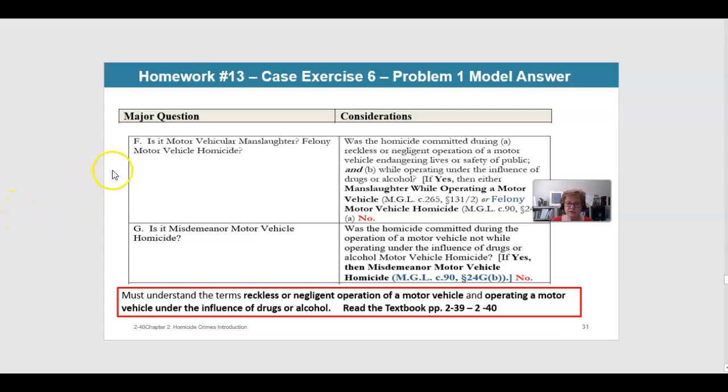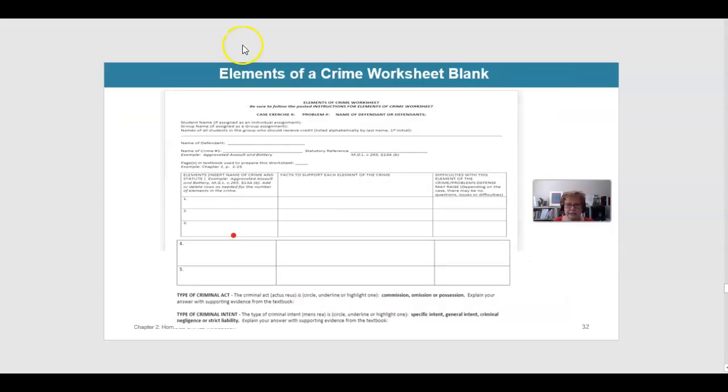In each of those, you will not be eligible for full credit on the answers to the case exercises if you do not complete the step-by-step analysis and show me your work. Okay, the second part of all of these homicide assignments, after you've done the step-by-step analysis, is to complete an elements of crime worksheet.